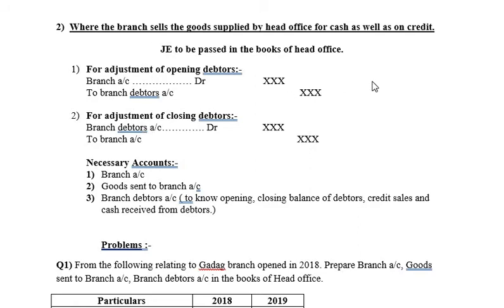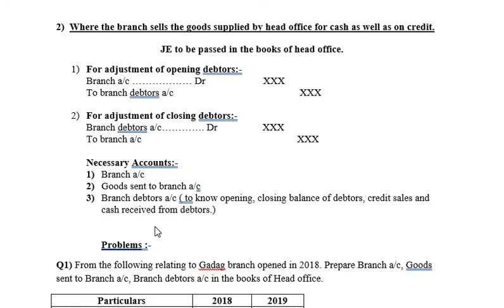When the goods are being given on credit, you will have to prepare different accounts. If it is only cash, then you will prepare only the branch account. But if it is cash as well as credit, then the branch account, goods sent to branch account, and then the debtors account. Why do we prepare this debtors account?